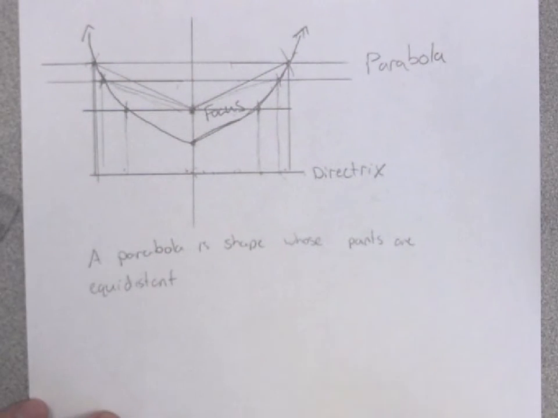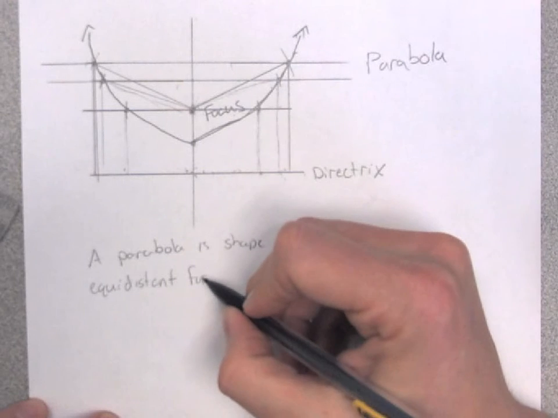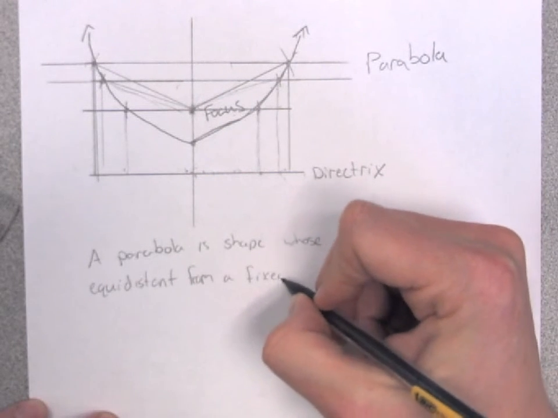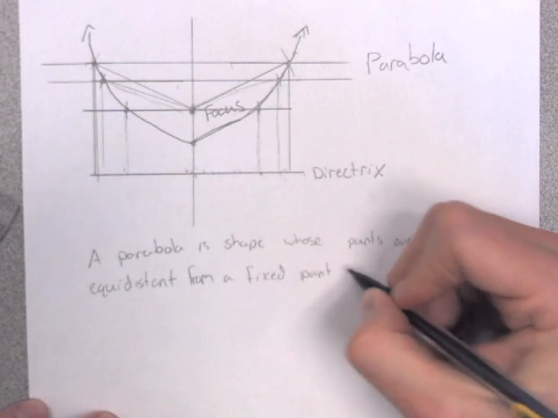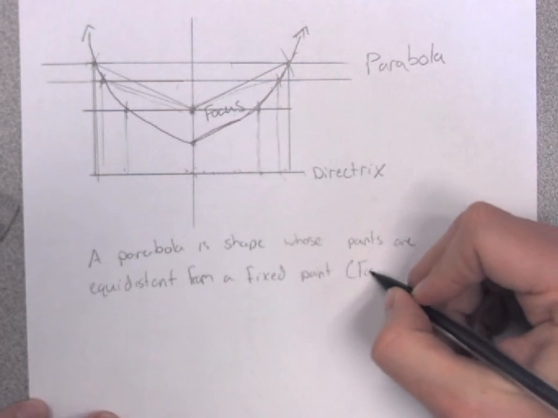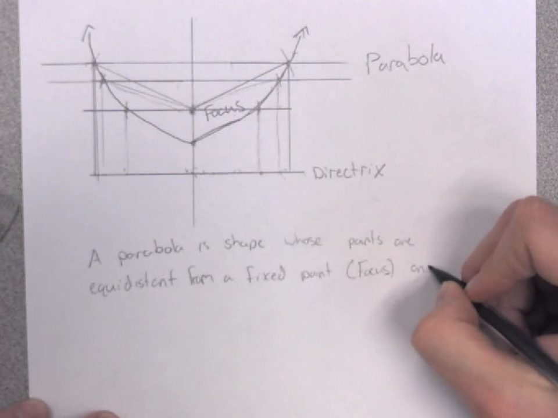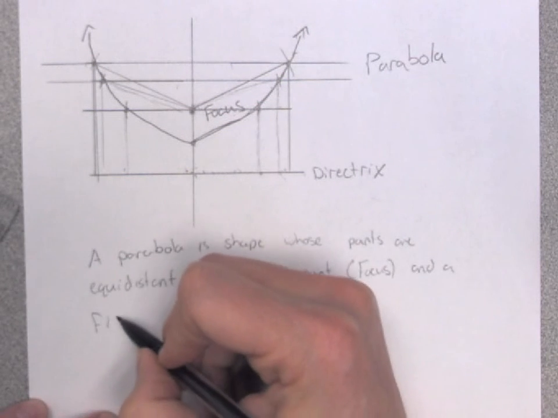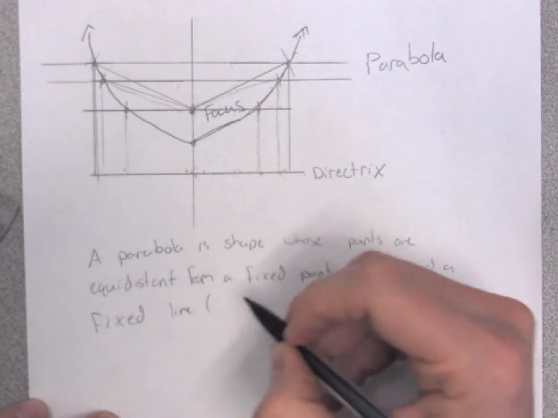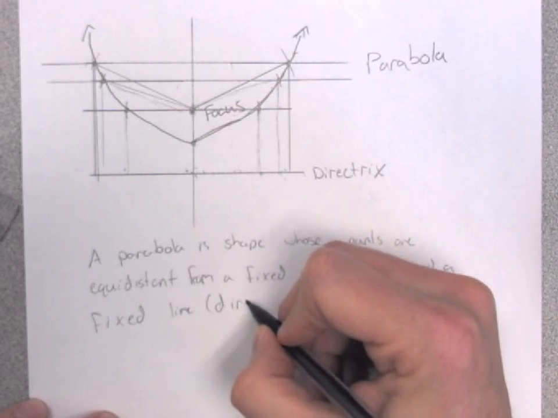Equidistant from a fixed point. And that point, that reference point that we're measuring from, is called the focus, and a fixed line. And again, that is called the directrix.